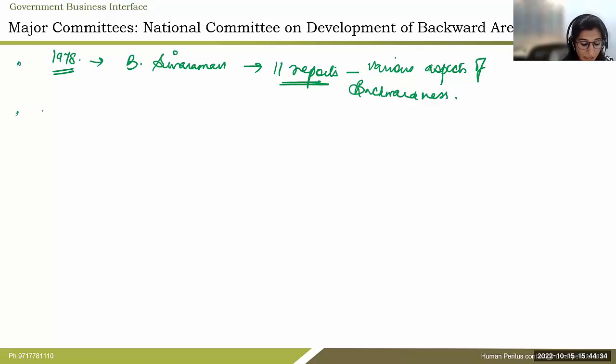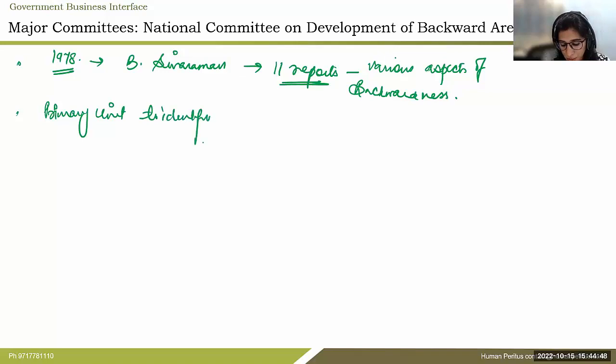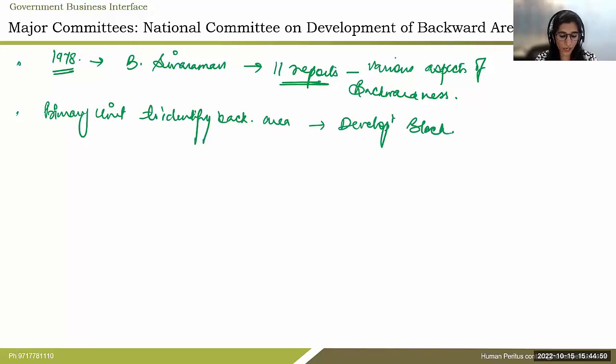It said that the primary unit to identify any backward area should be the developmental block. Block is smaller than district but greater than the village. So that the problems can be easily considered and then addressed. All right.